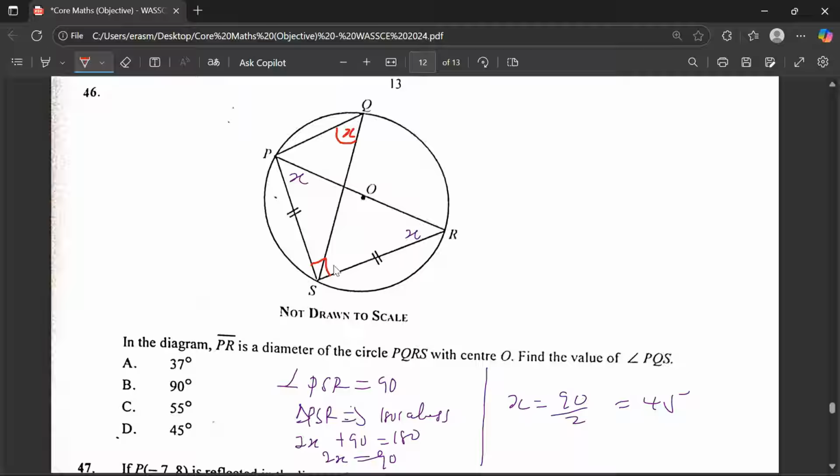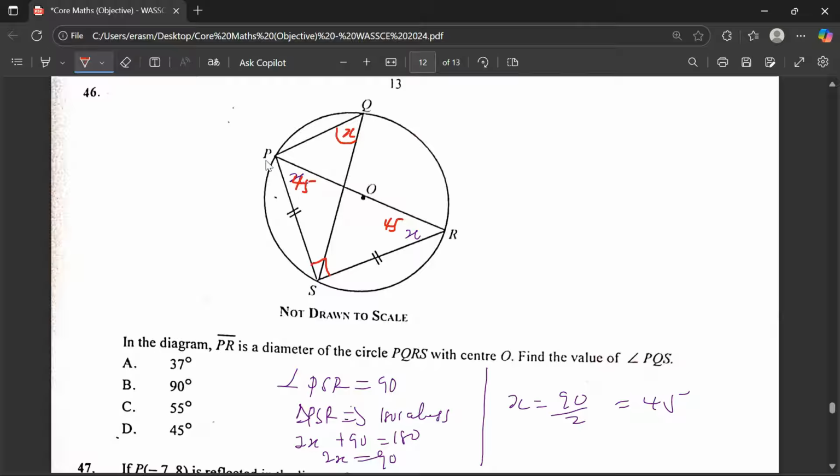So x plus x, 2x, plus 90 degrees should be equal to 180. 2x should be 180 minus 90, which is 90, right? x equals 90 over 2, and x equals 45. So each angle here is 45.